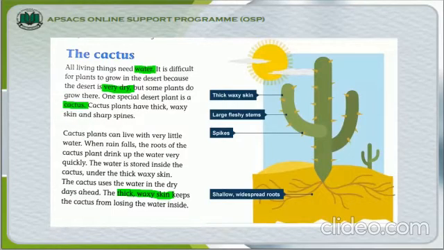The cactus is one such plant that can survive in the desert due to its thick, waxy skin, which helps to store water in the rainy season. The cactus uses that water in the dry days ahead. It also helps the cactus from losing the water inside.